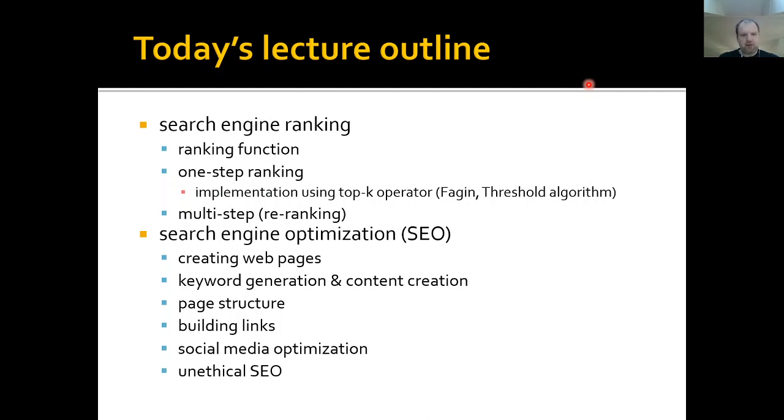This could be done either in one step or in multiple steps. The one-step ranking is the classical approach to providing the aggregation, and is mostly implemented using the top K operator. And for this operator, there are two famous algorithms called Fagin and threshold algorithm.